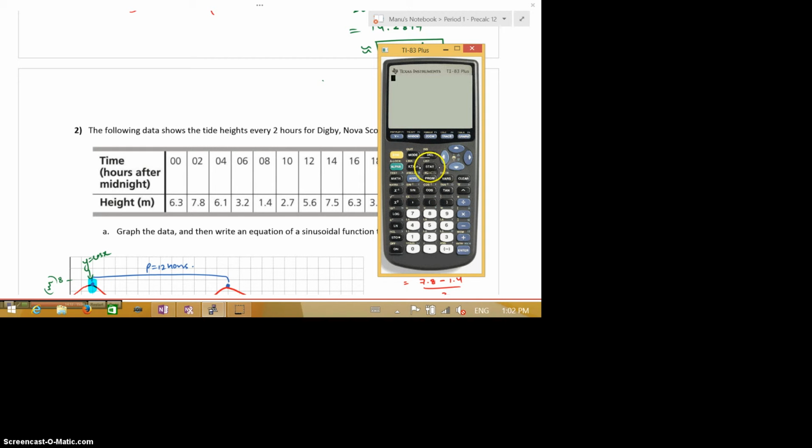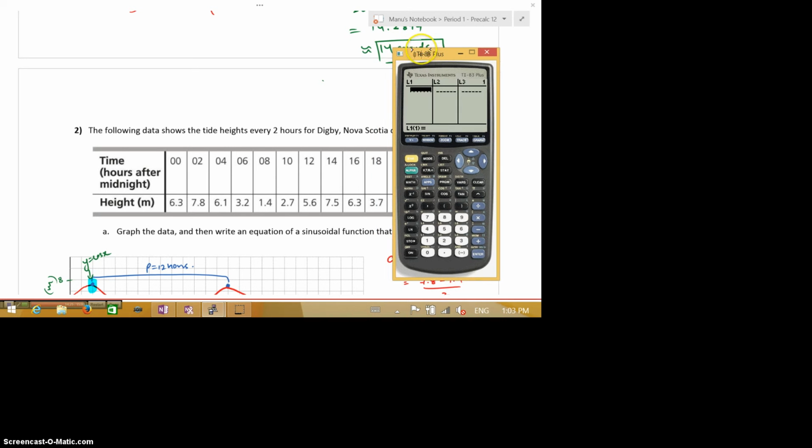Stat, click the stat button underneath the delete button, and then press edit. You're going to come across a table of values, L1 and L2. In L1, I'm going to enter all the x values. In L2, I'm going to enter all the y values.